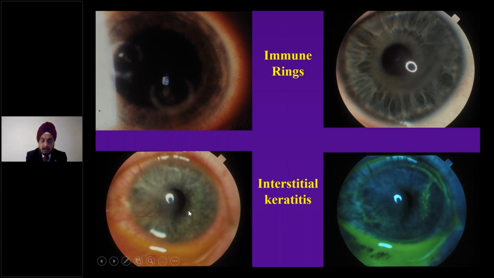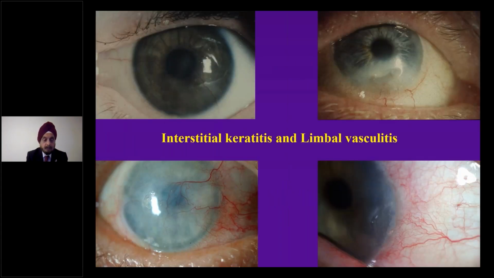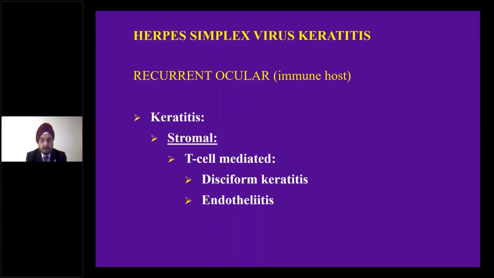So this patient ended up with a dendritic lesion because steroids were added without antiviral cover. And the antiviral cover, Dalia will tell us a lot more about it. So these are some other manifestations. All of us see corneas like this, haze, vessels, some less vessels, some more vessels, some defects like that. These are all manifestations of herpes interstitial keratitis.